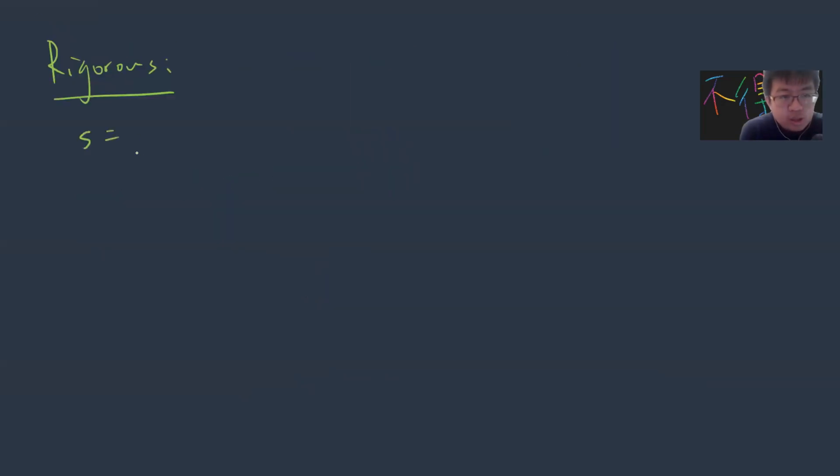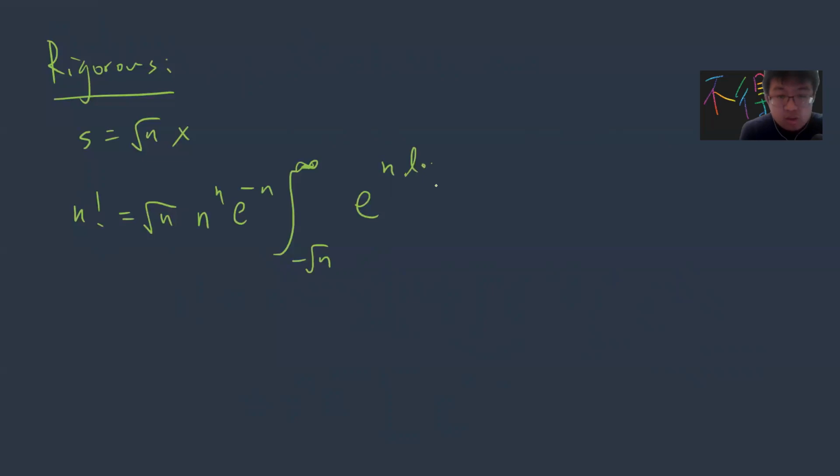So let's make s equals square root of n times x, and one can show this. Just make a change of variable. Okay, it becomes square root of n. Now one can use the Taylor expansion.